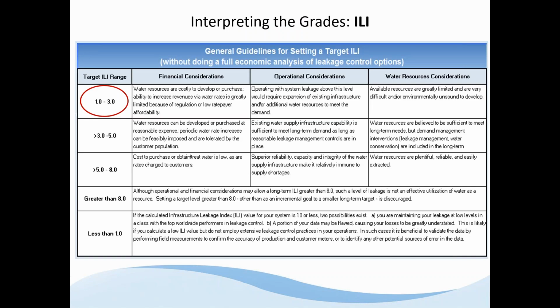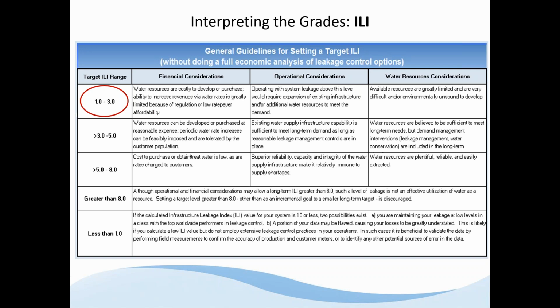So you can find this right in the water audit software, which I failed to mention you can get from awwa.org, the Water Loss Control Committee page. It's free, it's for everybody, it's for anyone's use. All this information is contained in there on what you should be.